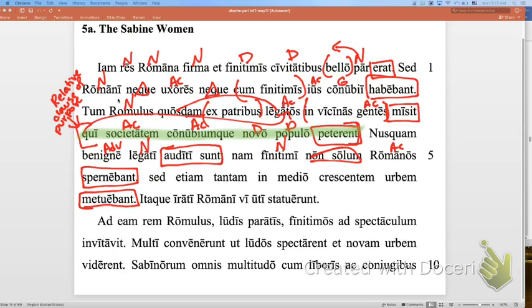Fearing such a rising city, or such a city rising in the middle. So in other words, they saw the Romans as a threat.